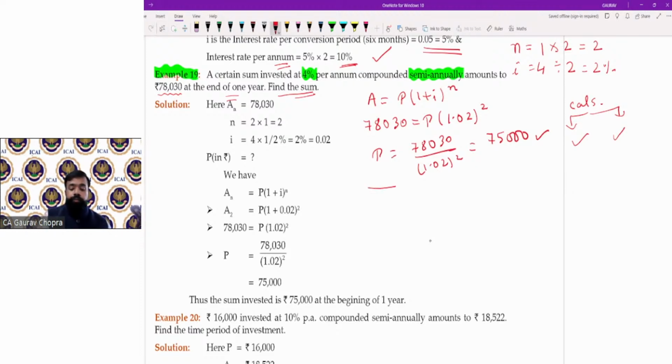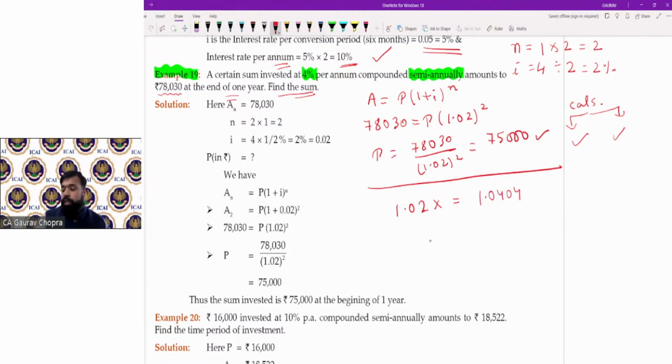First, type 1.02 multiply and then press equal to. Let me do this on the calculator. 1.02 multiply equal to, we are getting 1.0404.